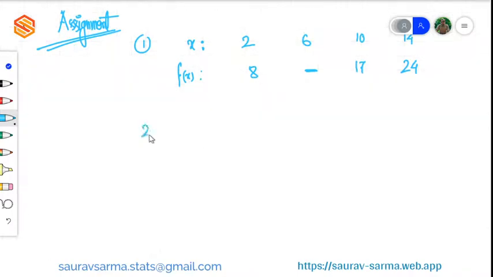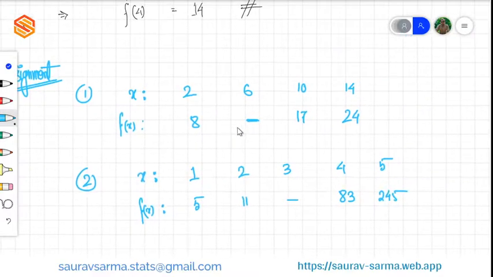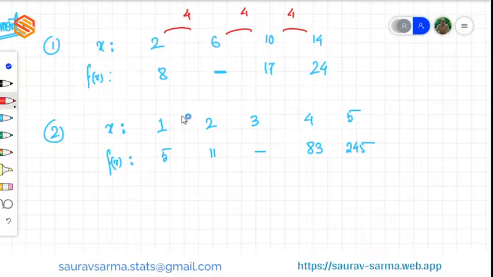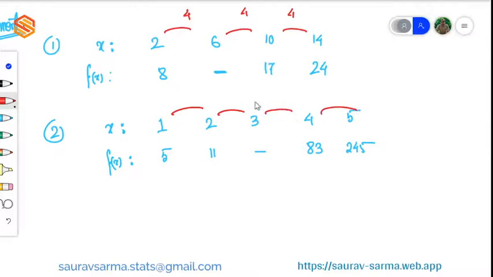And the next one, number 2: the values of x are 1, 2, 3, 4 and 5, and the values of f of x are 5, 11, dash, 83 and 245. Now while doing this, just remember one thing: in your first assignment the gap is not 1, the gap is 4 everywhere, but in the next one the gap is 1.